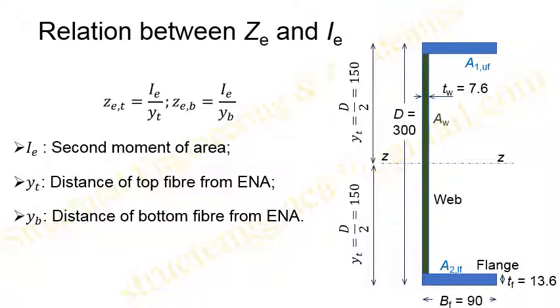Now the section modulus for the lower side and upper side can be different if the distance of the extreme fiber from ENA is different for the two sides, otherwise it can be the same. In this case, both the distances are 150 mm, so the section modulus will be the same for both sides.